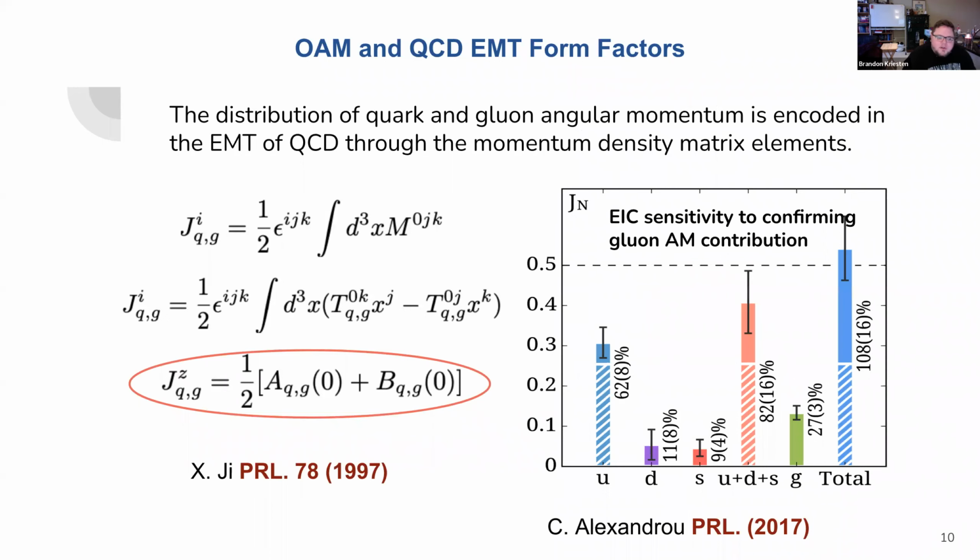And why are these important? For instance, if you take the spatial distribution r across the momentum components of the energy momentum tensor, giving the angular momentum tensor, you can then integrate that and describe the angular momentum of quarks and gluons. And when you use the gravitational form factors in this description, you see that the angular momentum, and the longitudinal angular momentum in terms of quarks and gluons, is given by the form factors A and B that I showed before at zero momentum transfer.